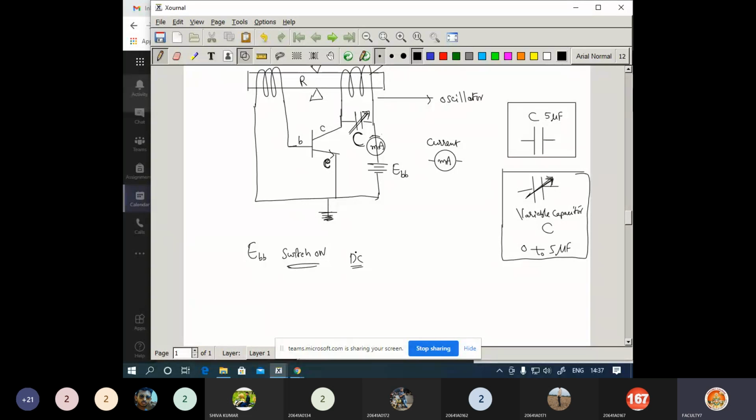So we are going to convert this particular DC supply into AC. What is the meaning of AC here? It is an alternating current source. We are going to produce the alternating current.